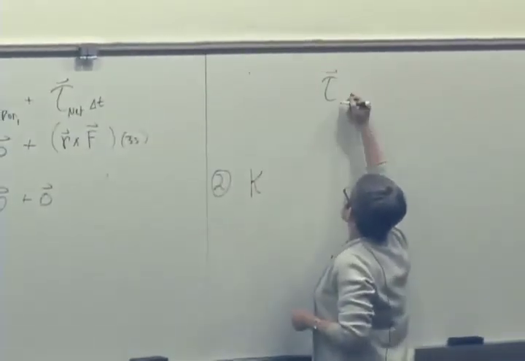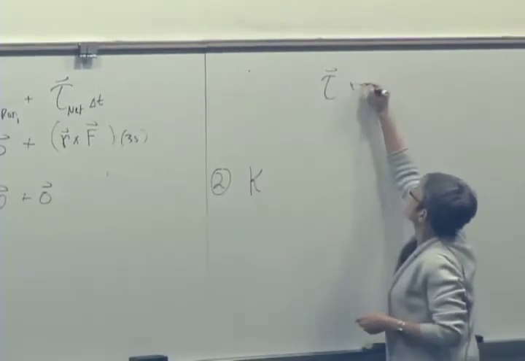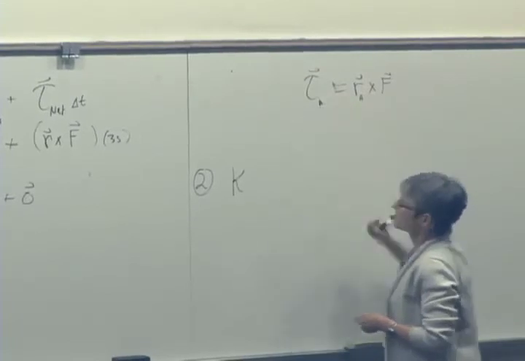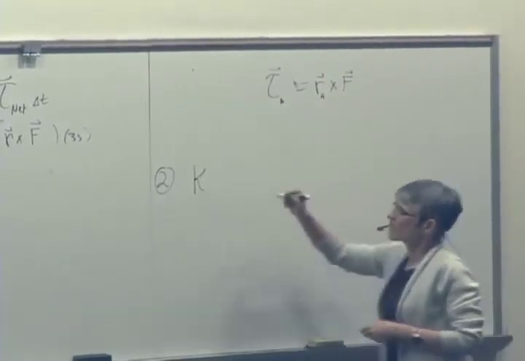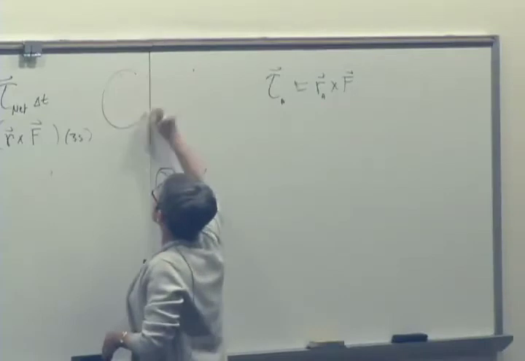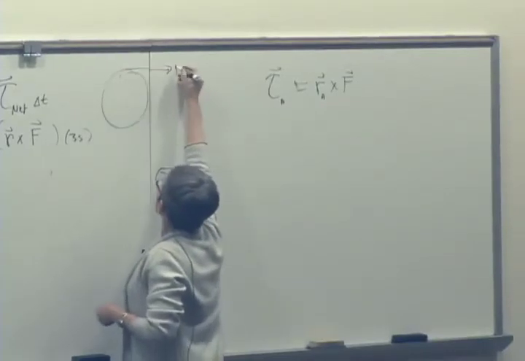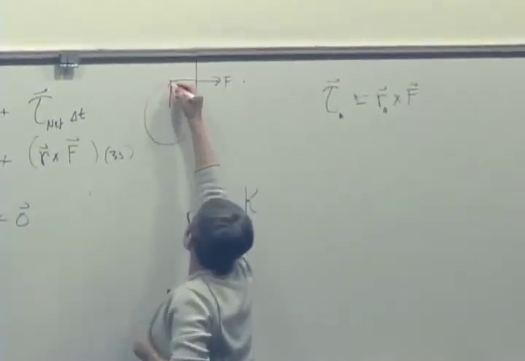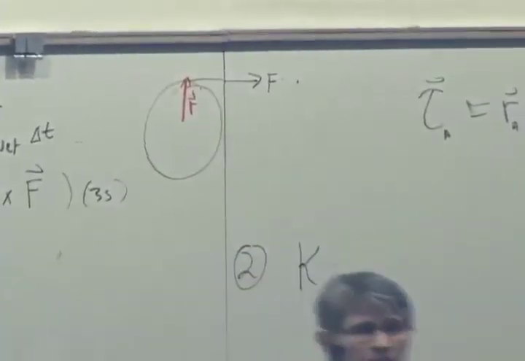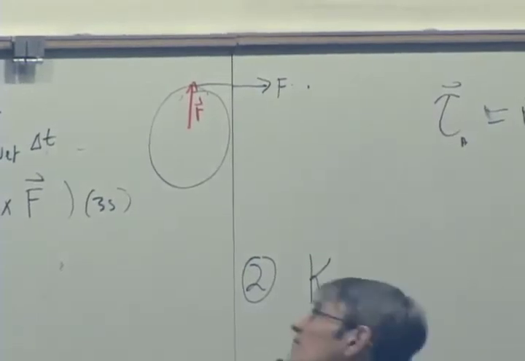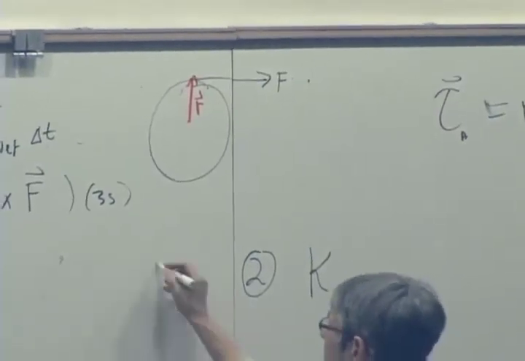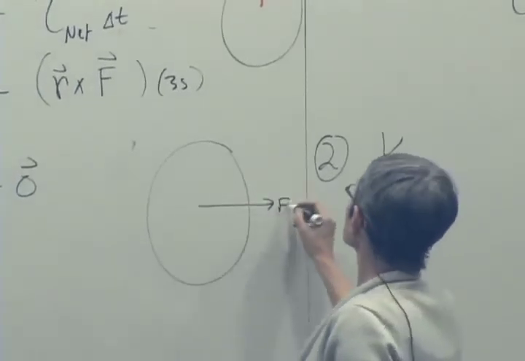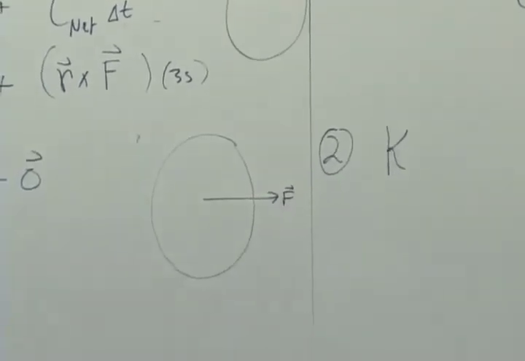Remember that the definition of torque is R cross F. So for puck 1, here's F. There's R. For puck 2, here's F. What's R?